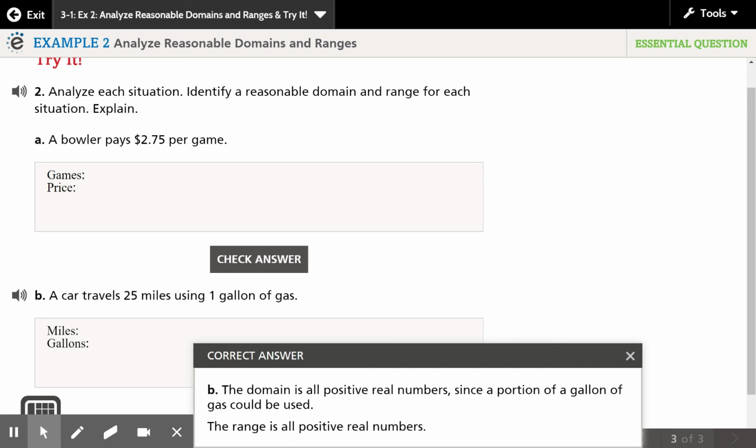I can drive 24 3/4 miles. So when we practice reasonable domains and ranges, you want to make sure that you are thinking about all the possibilities that you could have in a situation, and then just write a sentence about it.